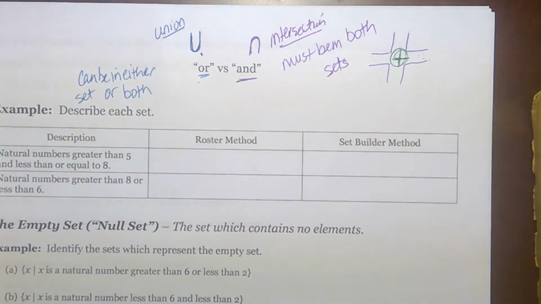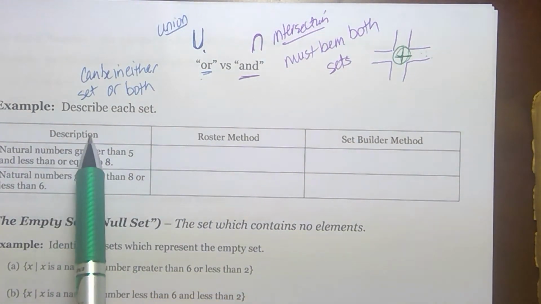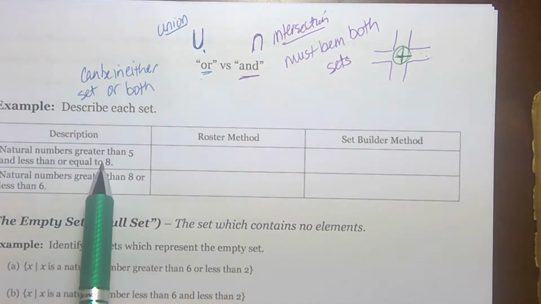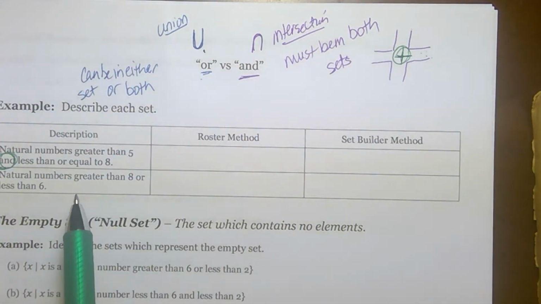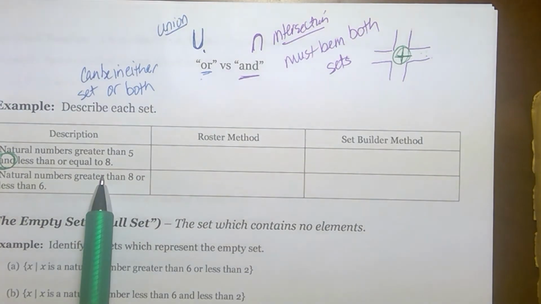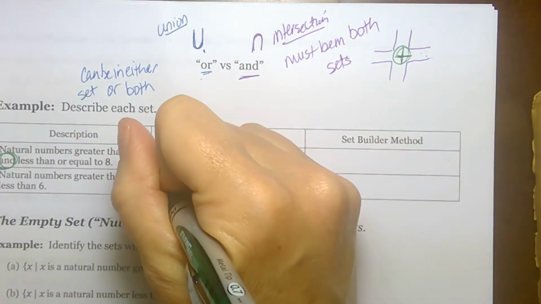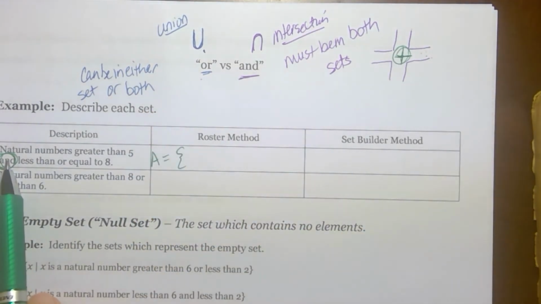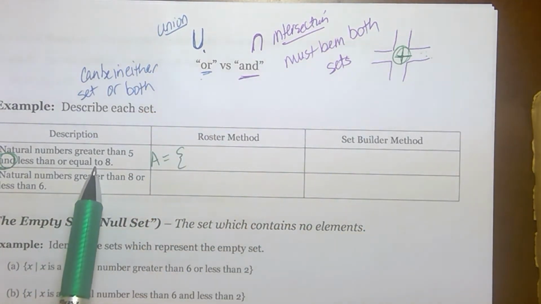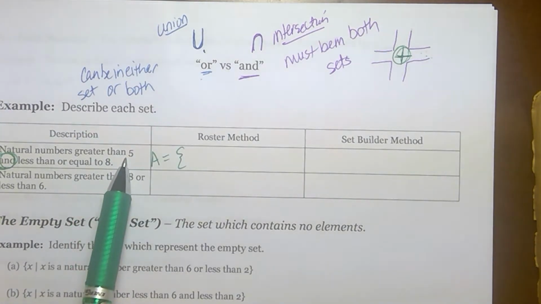For this first one, we have a description of a set that says natural numbers greater than 5 and at the same time less than or equal to 8. So we are only interested in natural numbers that are greater than 5 and at the same time less than or equal to 8. Well, natural numbers greater than 5.